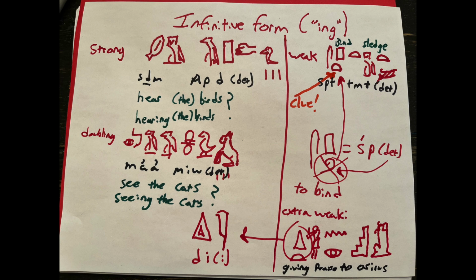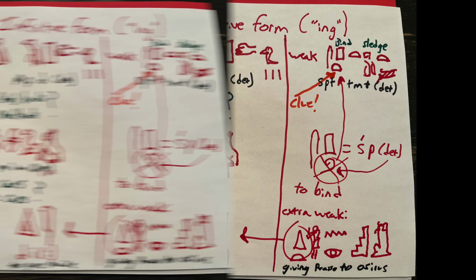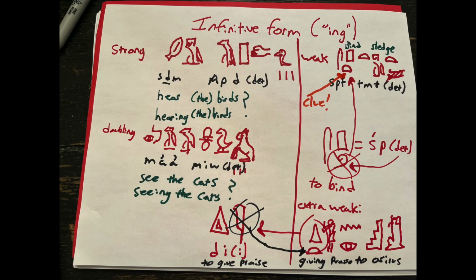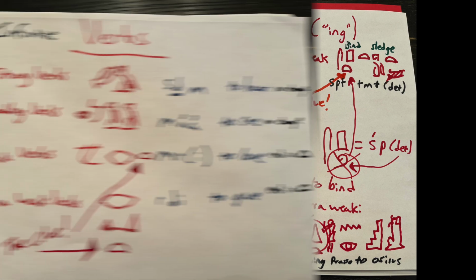Well, it's giving praise to Osiris, yeah, we're giving to Osiris. And again, we've replaced the I with that T, so that you know, because it is an extra weak verb, that you are in ing, infinitive. It is not to give praise to Osiris, it's giving praise. That extra T confirms what tense we're in because we have an extra weak verb.